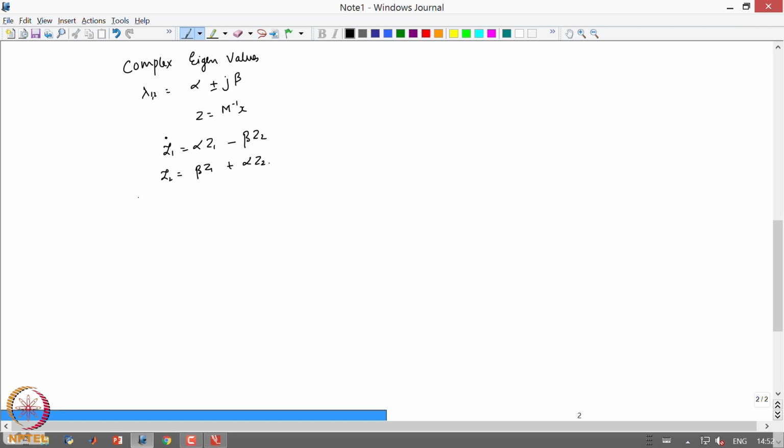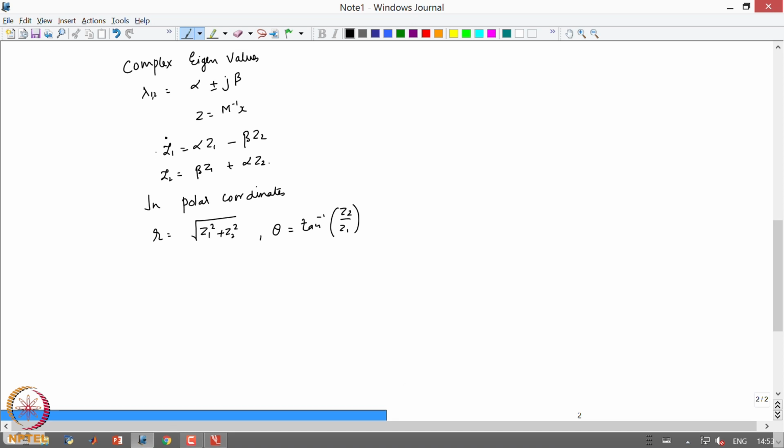So, I just do a little change of coordinates, say change to polar coordinates. What do I have in polar coordinates? r is the square root of z1 square plus z2 square, and the angle theta is the tan inverse of z2 over z1.